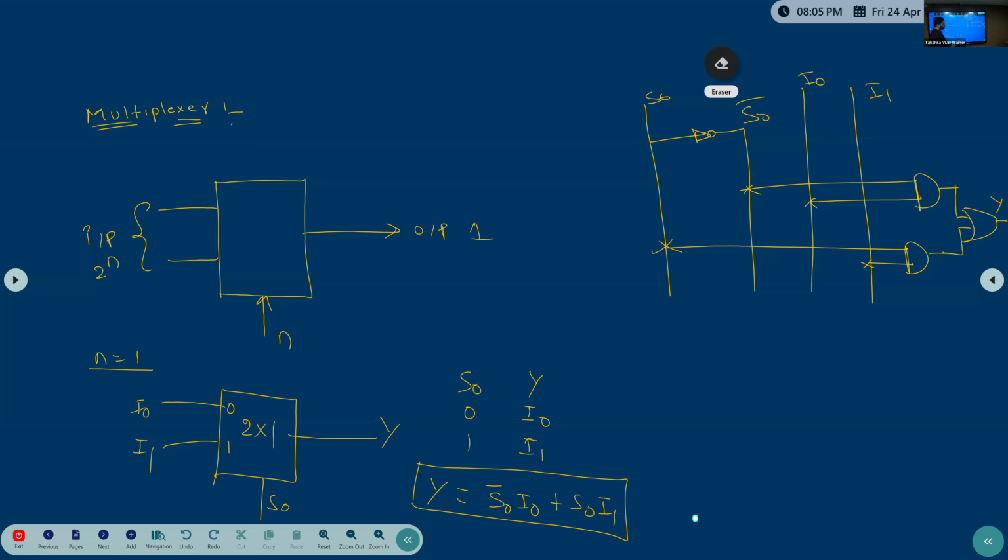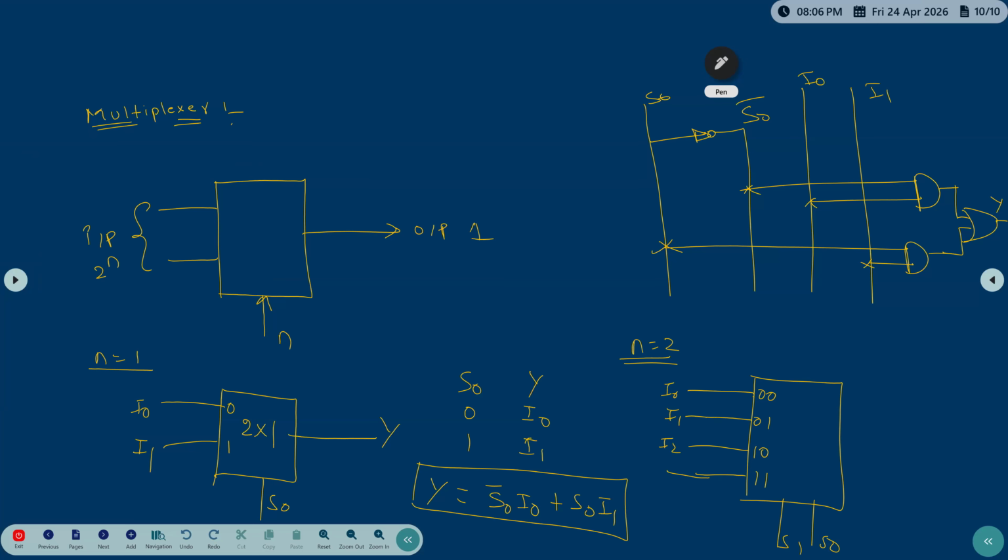So now n equals 2. When n equals 2, how will the circuit be? Two selection lines, S1 and S0, will be there, and four inputs I0, I1, I2, I3, with select combinations 00, 01, 10, 11, and output Y. You need to go with the truth table, then circuit implementation. What is the equation for Y?